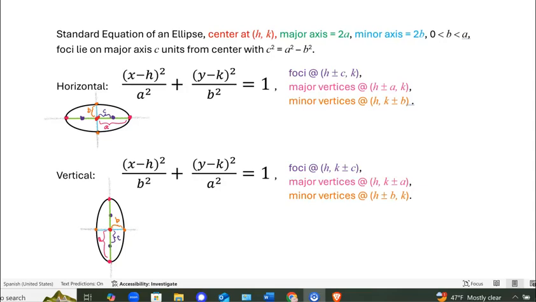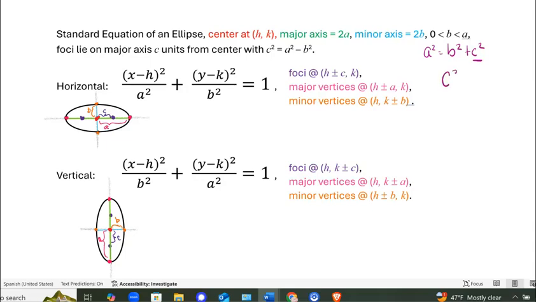What I forgot to put up here when I created this was what you do have on your cheat sheet and what we did learn in class. Don't forget that a squared is equal to b squared plus c squared. My foci come from c, so I want to isolate that.